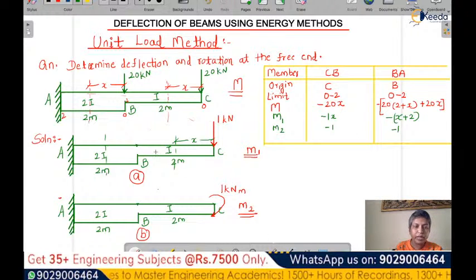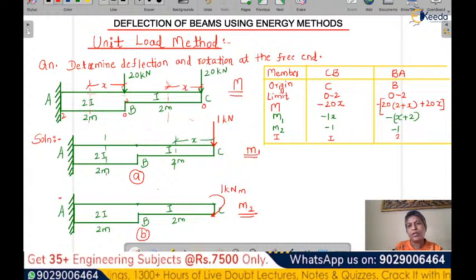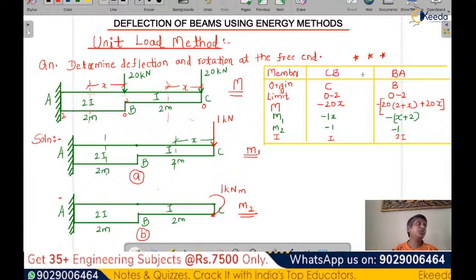Let us also note the moment of inertia I given: for the CB portion it is I, and for BA it is 2I. Once you construct this table carefully, the remaining is just substitution, so the calculation becomes really easy.